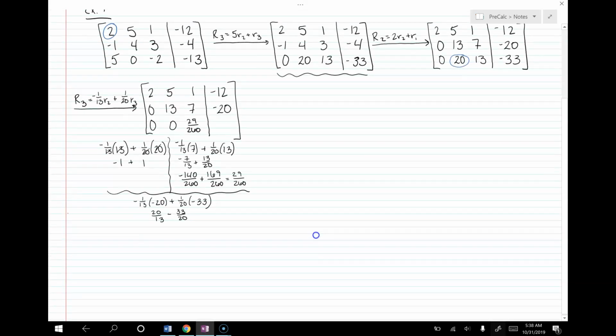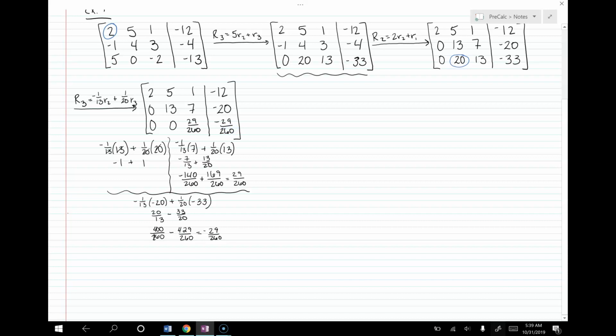Again, 260 is our common denominator, so multiply the left side by 20. We get 400 over 260 minus the right side, we have to multiply by 13. So we get 429 over 260. When we subtract, we get negative 29 over 260. My, that looks familiar.